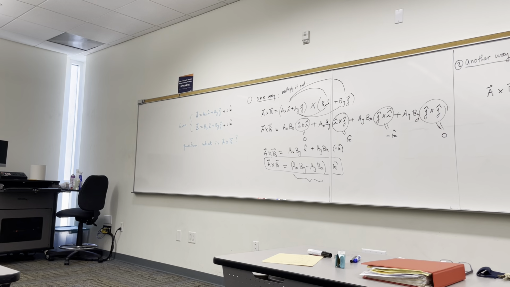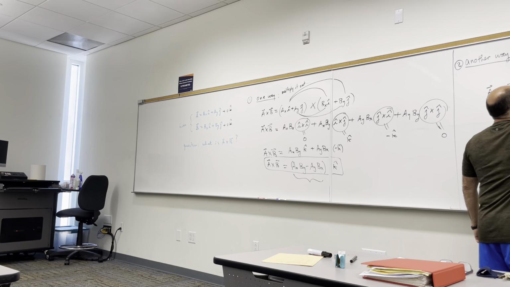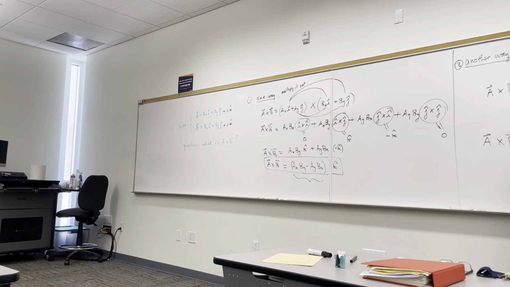The way that I do it is I copy the first two columns again, and then this would be AX and AY, and then BX and BY. And then my shortcut, if I multiply like this, and like this, it's a positive answer.